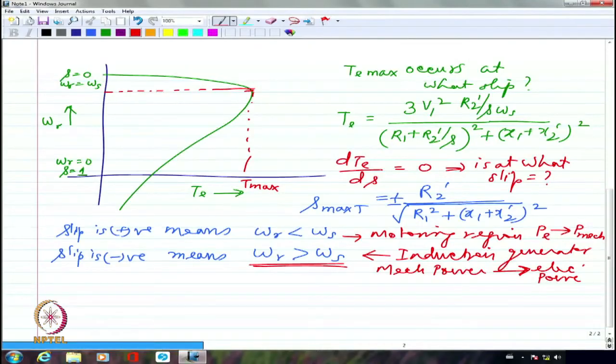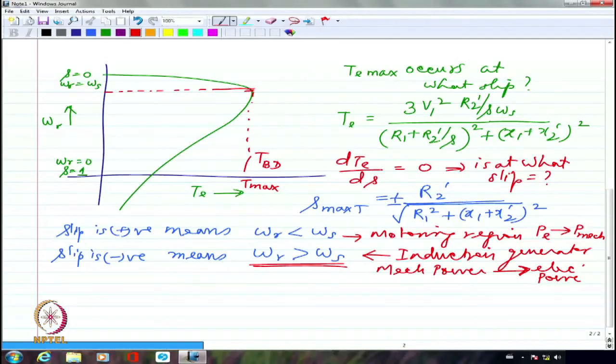This is T max. We incidentally call that also as breakdown torque, TBD. TBD is the maximum torque an induction motor is capable of generating under a particular voltage and a particular frequency condition. That is breakdown torque.